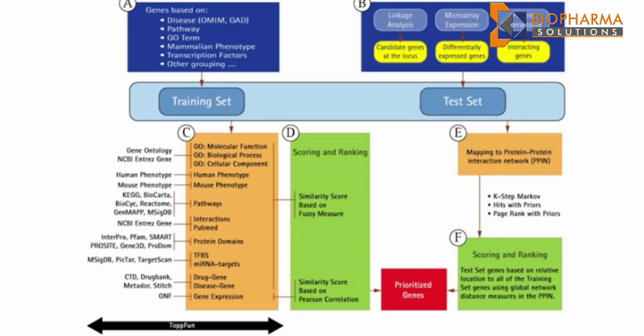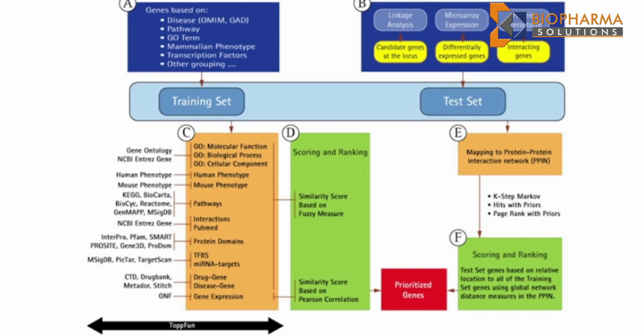Actually ToppGene is a platform covering most of the features related to biofunctionality. So you have seen there A, the first set, and that is actually towards making a training set. For making the training set, just like I told you earlier, you could think of diseases of your concern, like we picked pancreatic cancer.